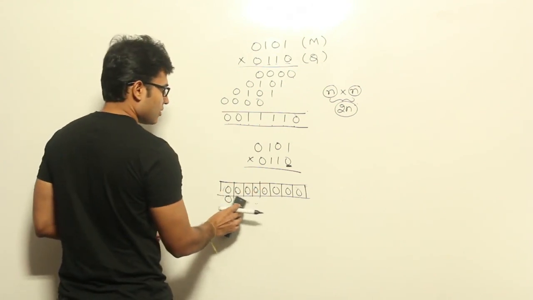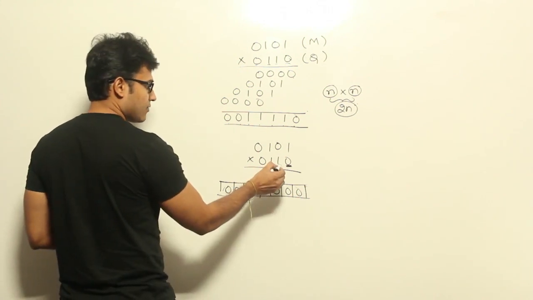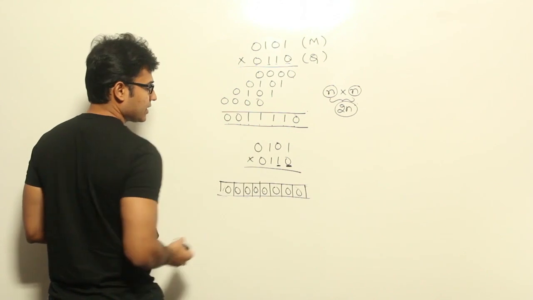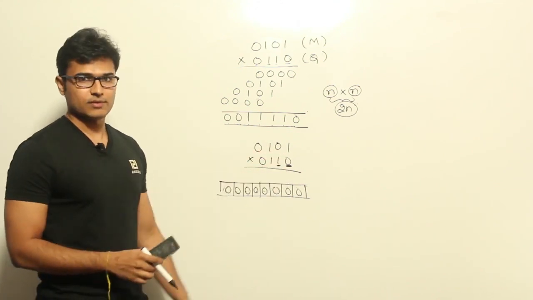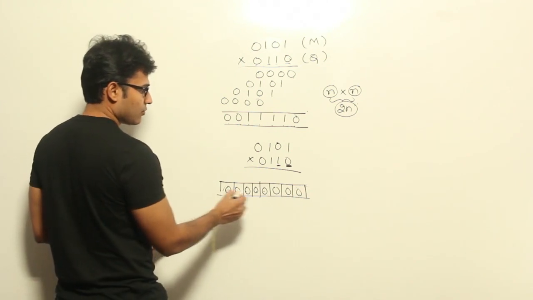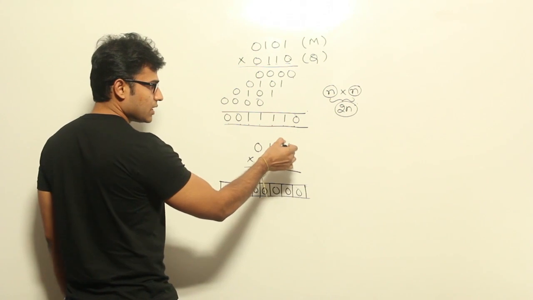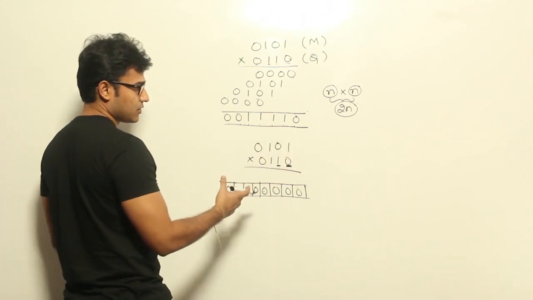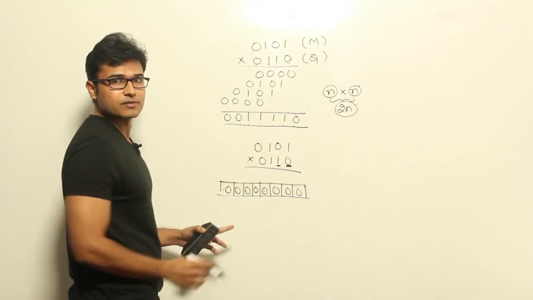Now when I multiply 1 with this, I get 0 1 0 1, and again I add it to the most significant 4 bits. After every multiplication you add to the result here, and then we shift.